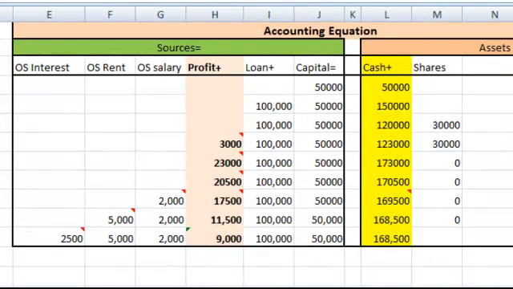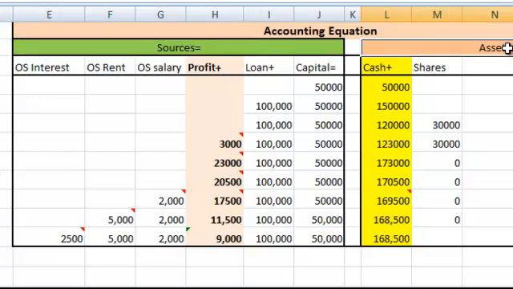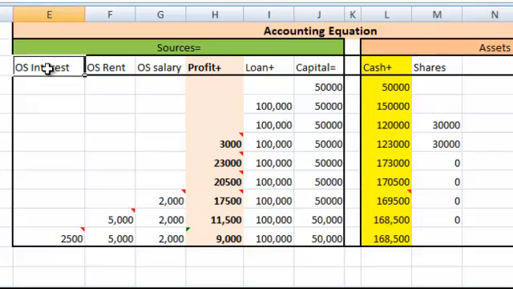Every transaction affects the accounting equation in such a way that the sources at any point of time are equal to the assets. In this exercise, you might have come across these various items called outstanding interest, outstanding salary, outstanding rent, but the purpose or the intention behind those items will be understood today.